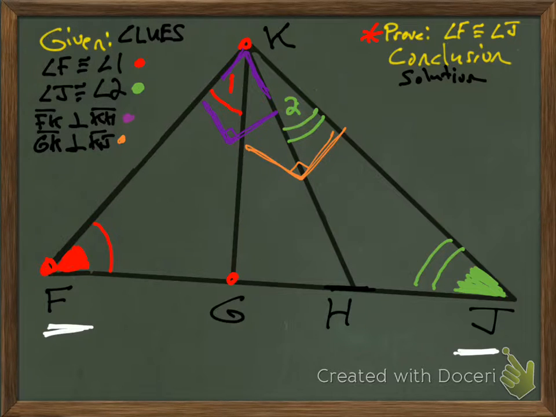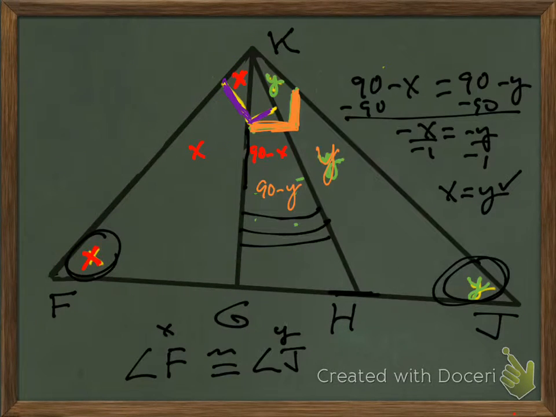I'm also going to call this middle angle here angle 3 because I'm going to use that later in the proof. So in this slide, I just show things algebraically using variables.